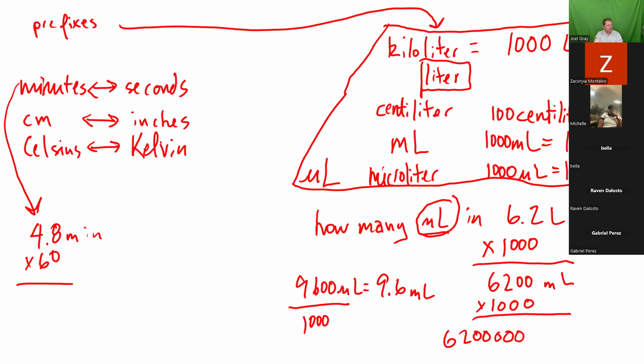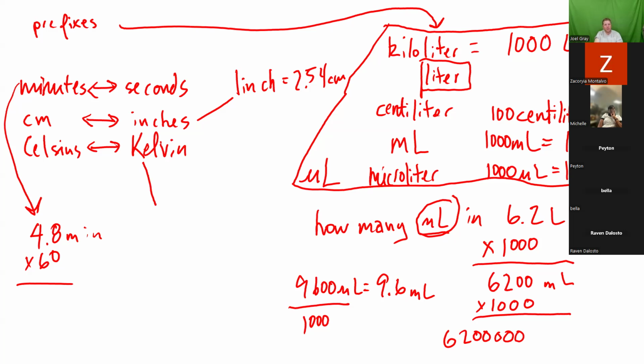Centimeters to inches. Well, 1 inch equals 2.54 centimeters. Then last but not least, our last conversion here is Celsius to Kelvin.